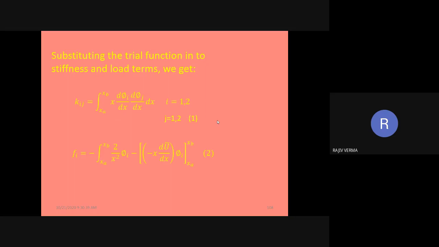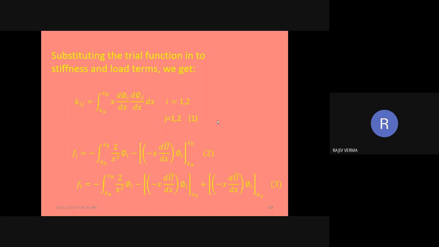So we have equation number 1 and equation number 2, and in equation number 3, the second term which appears on the right hand side of equation number 2 obviously represents a boundary term because it has to be evaluated at 2 points given by xa and xb. So this particular term is a boundary term.